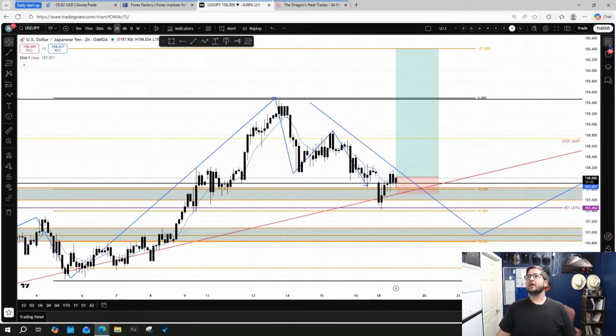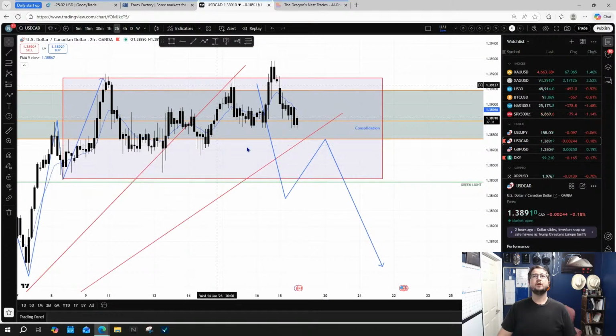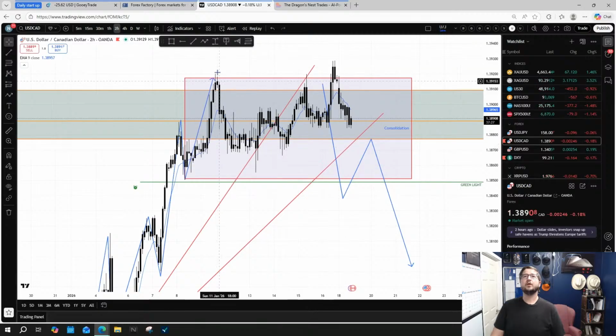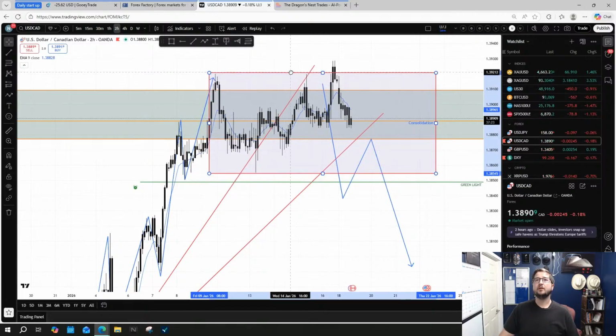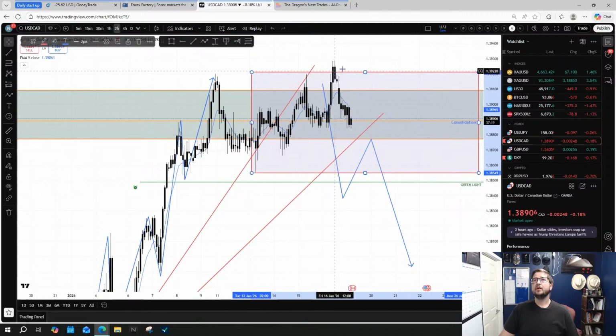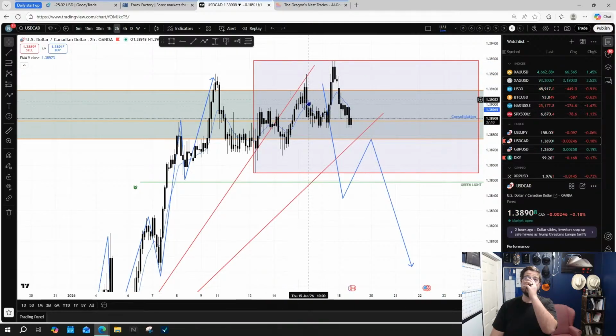Let's check out UCAD since we're on here as well, just very quickly. UCAD broke the highs. So at that point, we had a higher low here. Let me go ahead and move my box. So we had a higher low here, and then we had the higher high up here. All right, there we go. So this is our new consolidation box.